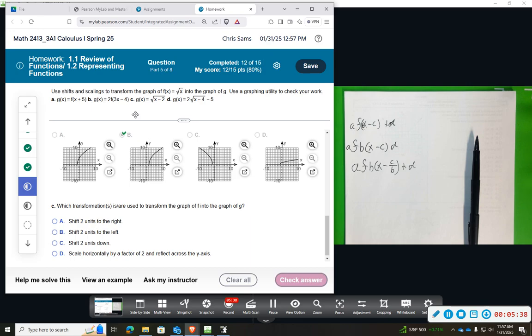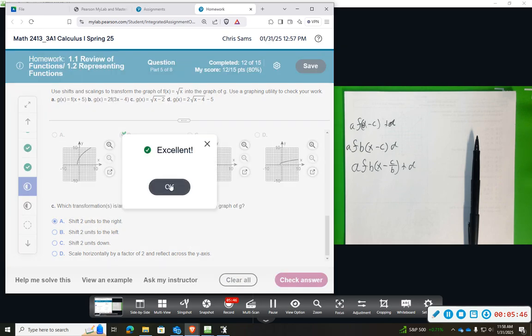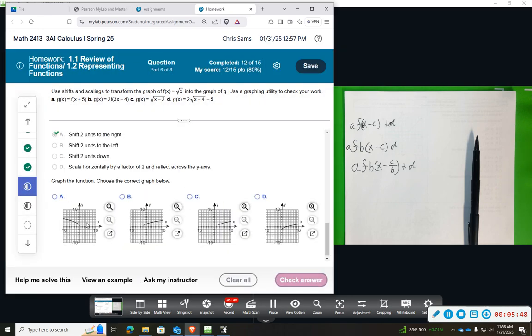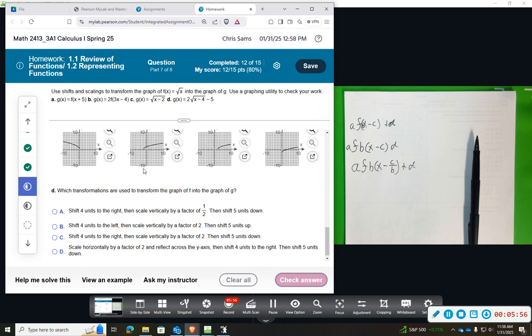Part C, we just have a -2. That's just going to shift us to the right 2 units. If we take the parent function and go right 2 units, C looks like the best graph. And then D, we are going to move right 4, stretch vertically by 2, and then move down 5.